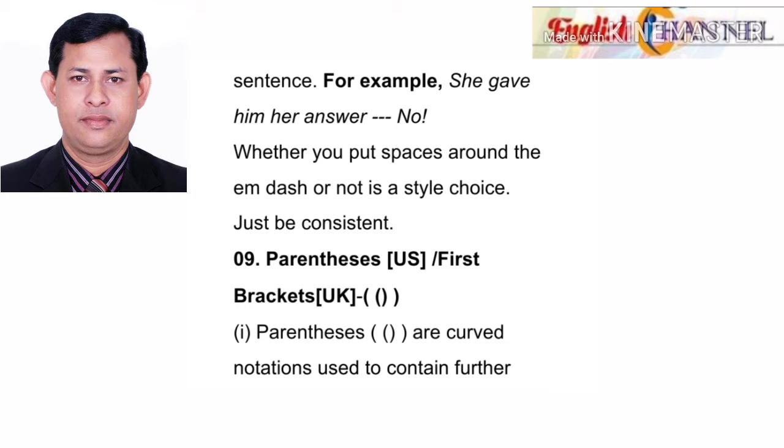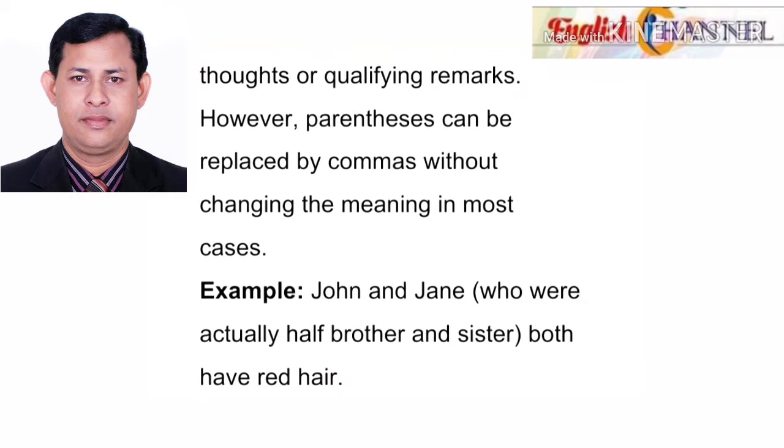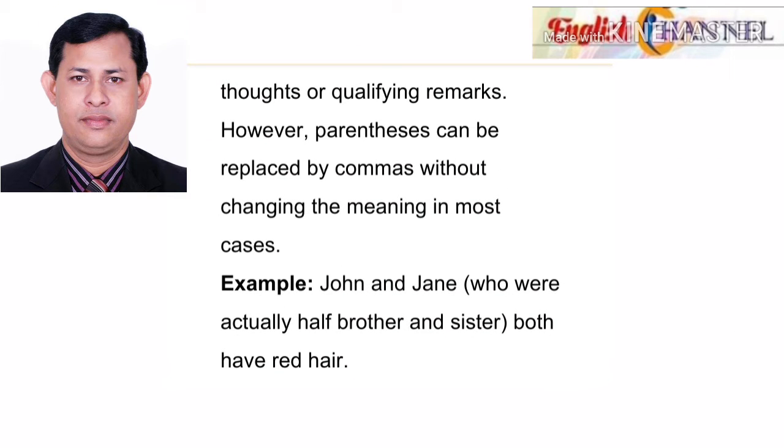Serial number 9. Parentheses. Point 1. Parentheses are curved notations used to contain further thoughts or qualifying remarks. However, parentheses can be replaced by commas without changing the meaning in most cases.